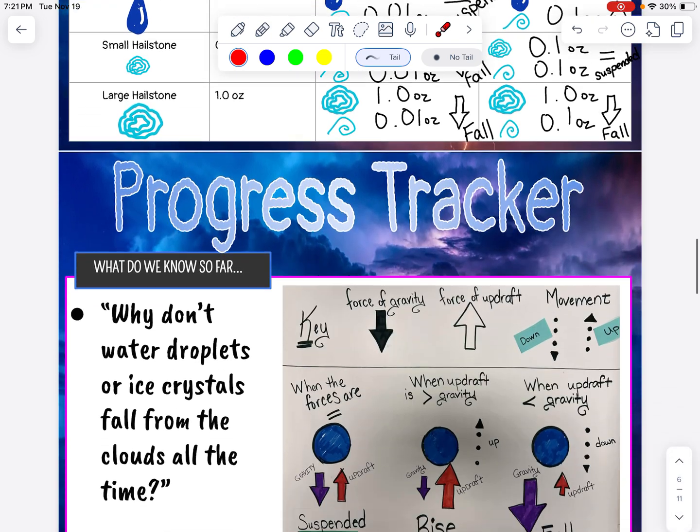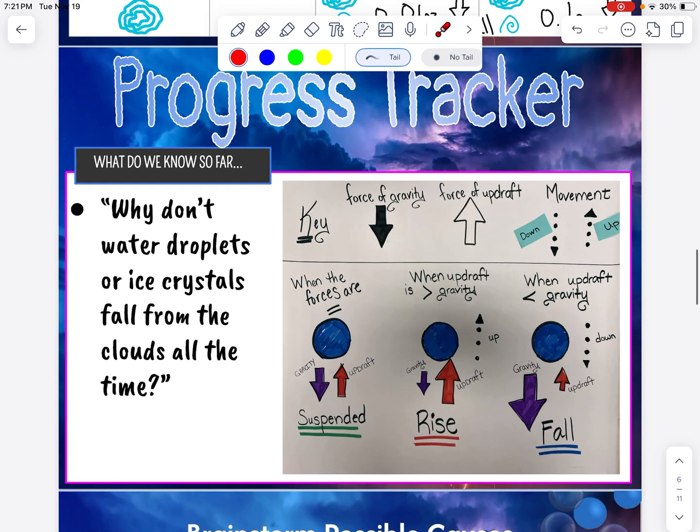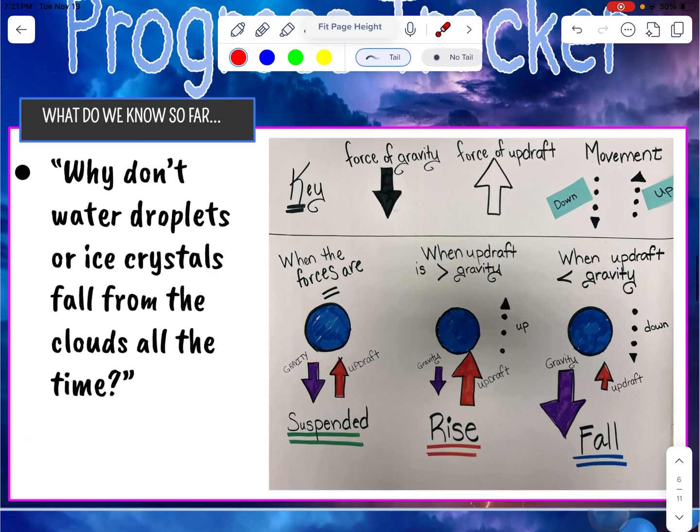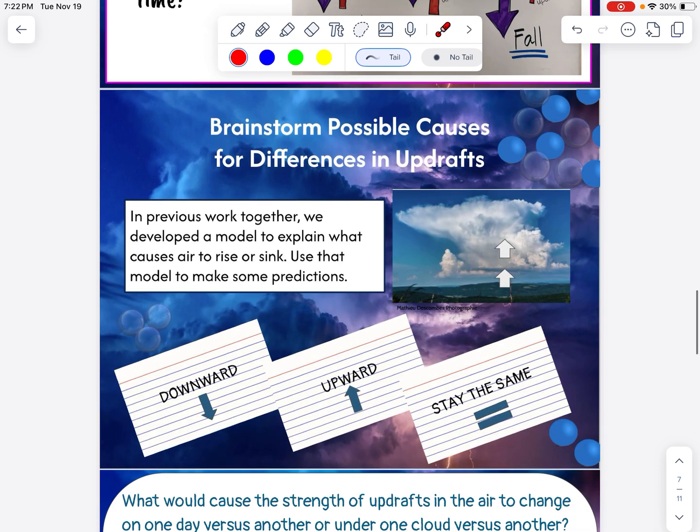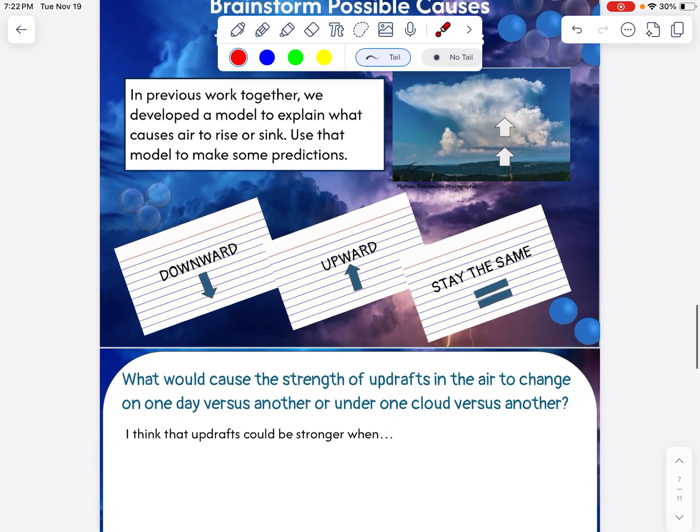So independently, we're going to practice with a couple of these things. We've got some really excellent notes, and we are going to see lots of examples so we can make a choice. Is the water droplet, is the snowflake going to be suspended? Is it going to rise in the atmosphere? Or is it going to fall back down to the earth? So we'll practice independently in just a moment.